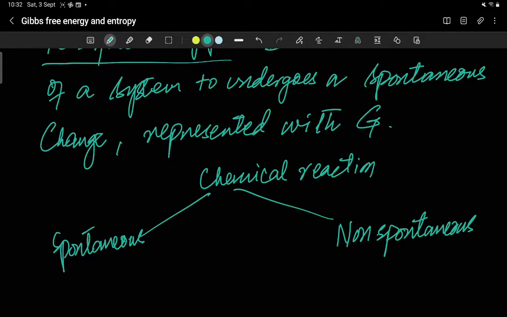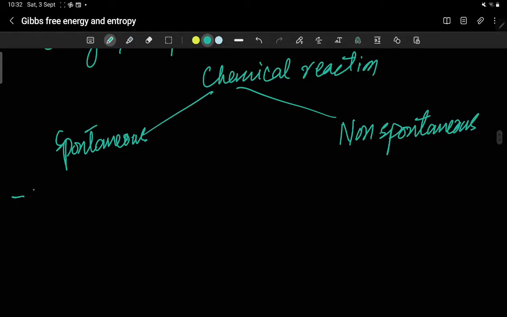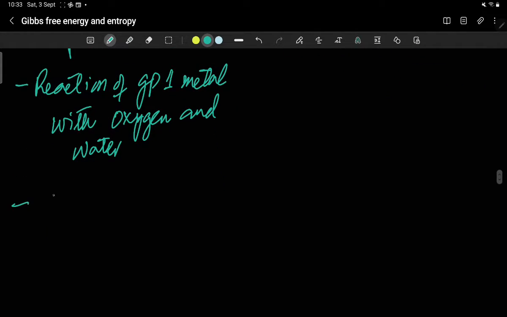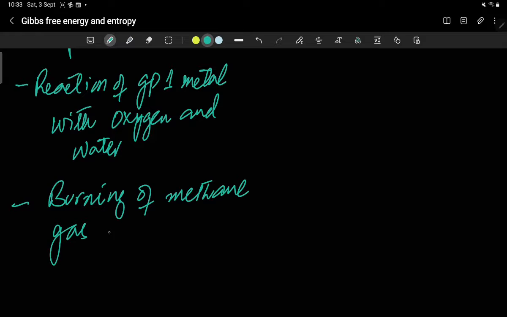For example, the reaction of group 1 metals with oxygen and water, and burning of methane gas at 25 degrees centigrade temperature in a closed container.